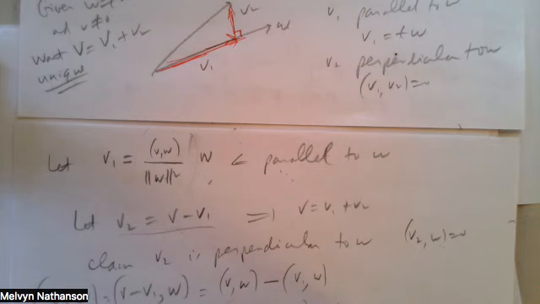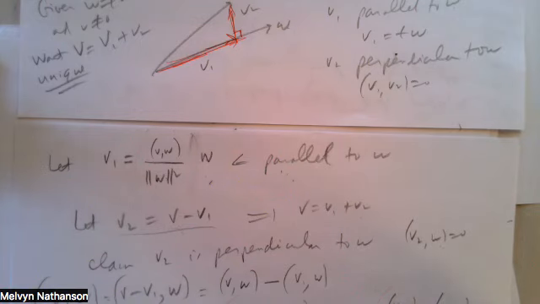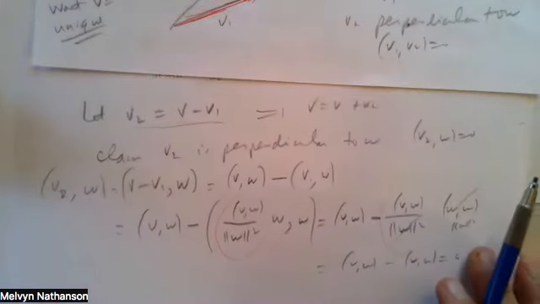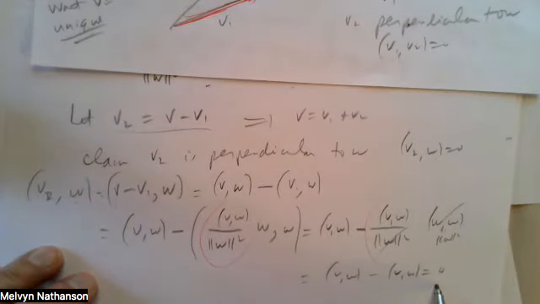So this is (V,W) minus (V,W) over the length of W squared, that was this constant, times the inner product of W with W. But the inner product of W, a vector with itself, is just the length of W squared. So this cancels this. I get (V,W) minus (V,W), which is 0. So V2 is perpendicular to W.